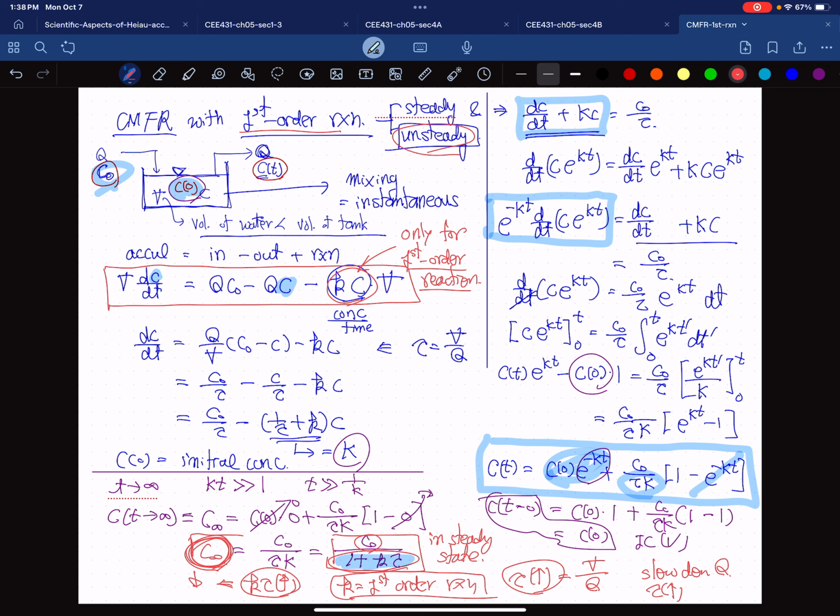Okay, that's it for today, and I hope you remember how to derive this effluent concentration with respect to time, which is the general solution, and how to check the validity of this equation by confirming that the initial condition is satisfied.